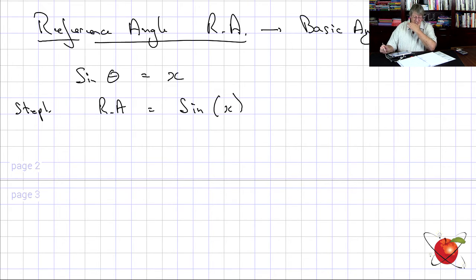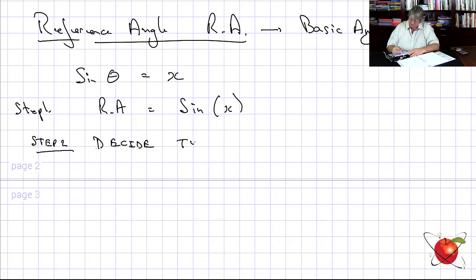Then step two, decide type. Is it sine, cosine, or tan?